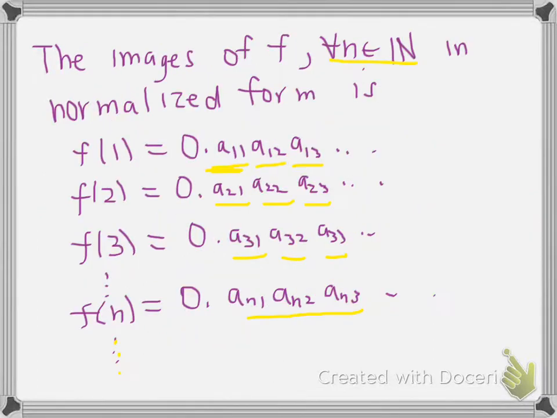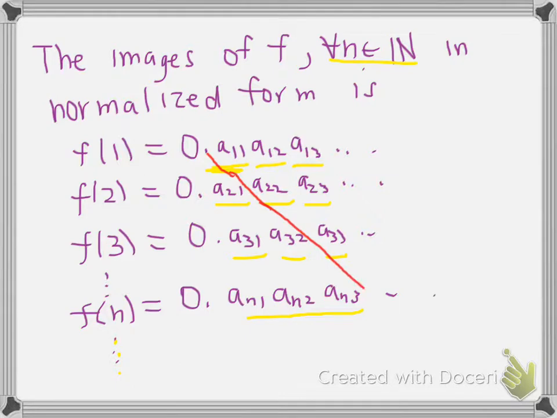If you notice what's happening, and I don't know if we're going to get to it, it's called diagonalization. It's a type of proof, and I'm pretty sure you'll see it in other classes. B sub 1 is going to be dependent upon what a_11 is. B sub 2 is going to be dependent upon a_22.